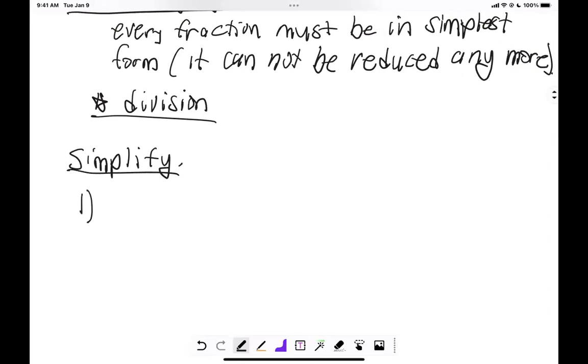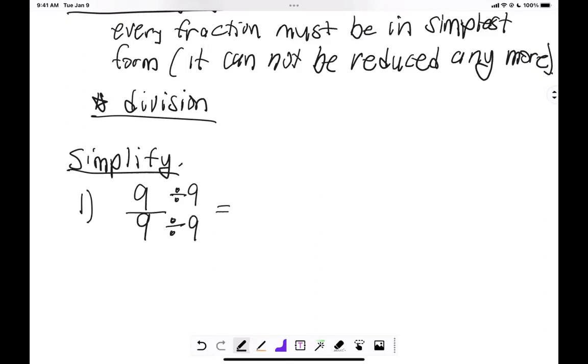Now, when you have a fraction, I'm thinking in my head, there are two ways you can think of simplifying it. My first one is 9 over 9. If I have 9 over 9, I really have 1. You can think of it as taking 9 over 9 and dividing both of them by 9.